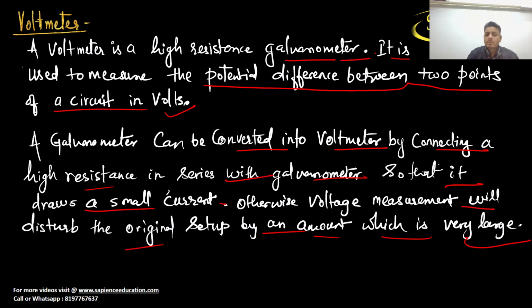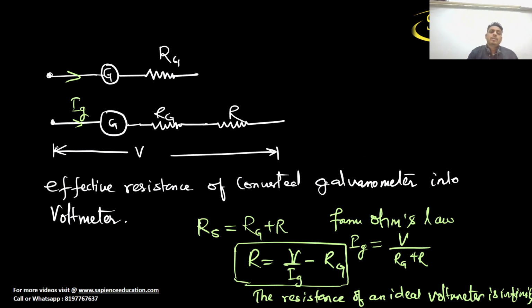First of all, you need to understand that if you want to measure the voltage, you have to connect the voltmeter in parallel. Let us suppose this is a galvanometer having a resistance Rg. Now I will connect this in series with an extra shunt resistance.